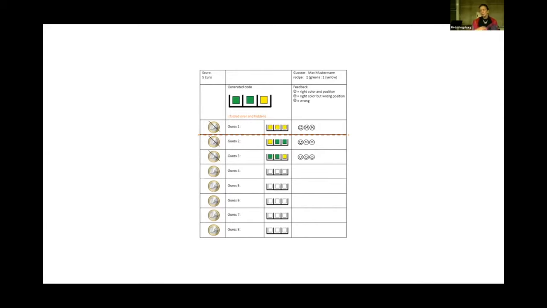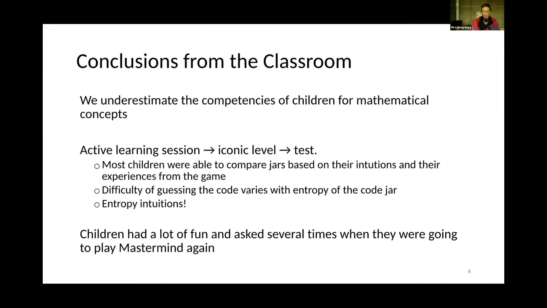So there were two activities at least: children preparing jars, children guessing codes, and in the end, there was, of course, a test. There was a pre-test, which was just based on proportion comparison. So she did not teach the game so that they could play and be tested already in the pre-test.